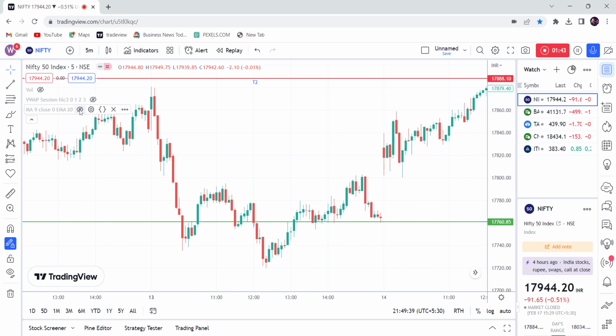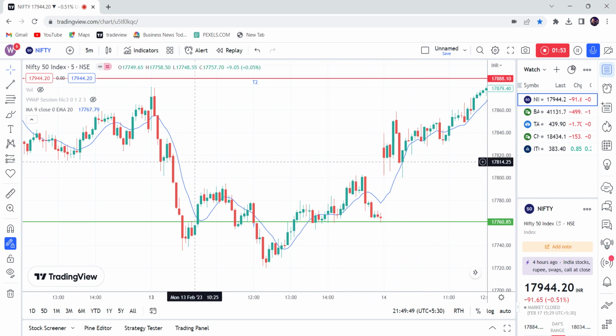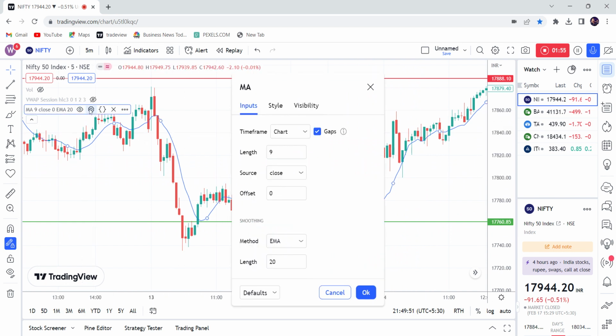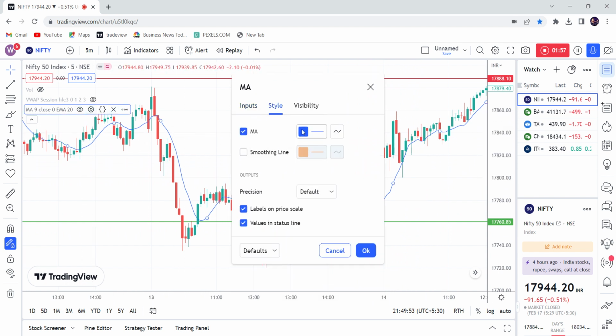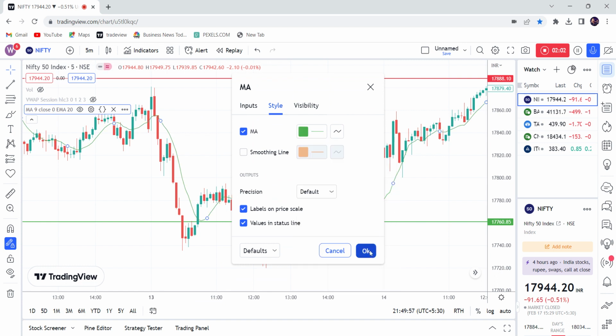If it is disturbing your analysis, you can hide it like this. When you start trading, you can enable it and it will show like this. You can also change the color. If I choose green, it will be green.